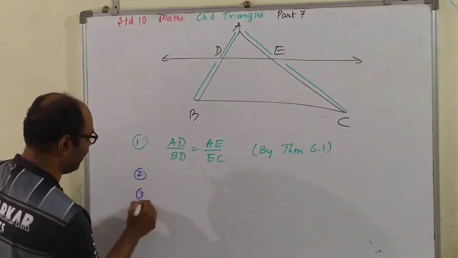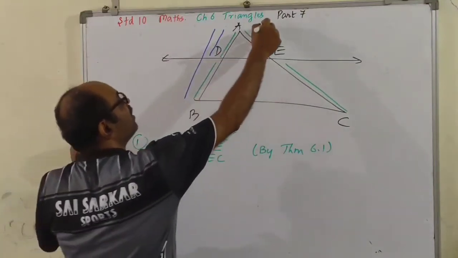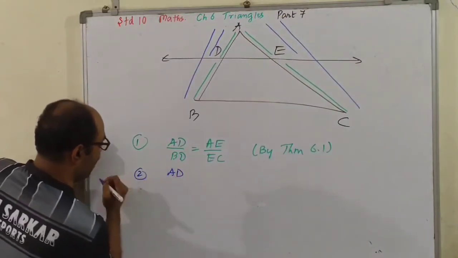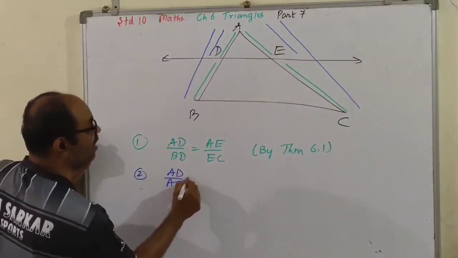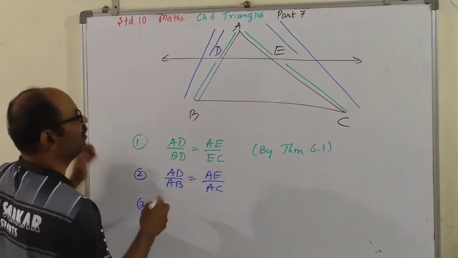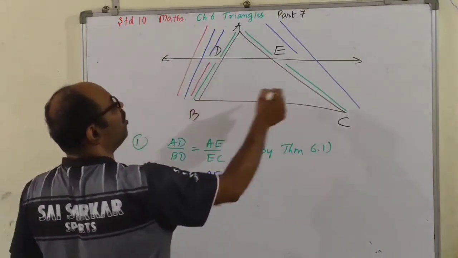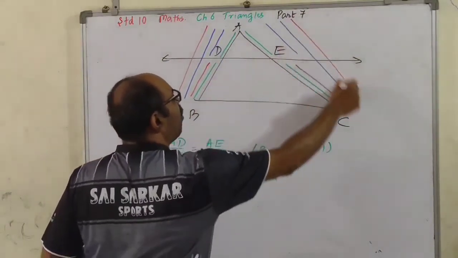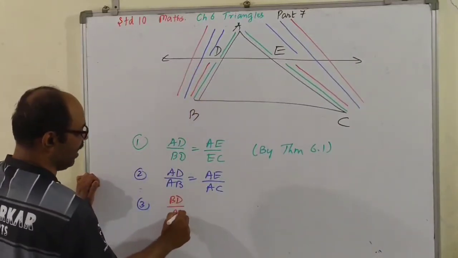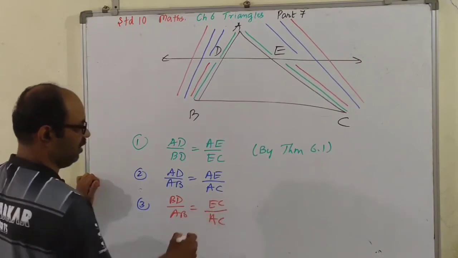Second and third results: AD upon whole is equal to AE upon whole, that is AD upon AB is equal to AE upon AC. Third, this part upon whole is equal to this part upon whole, that is BD upon AB is equal to EC upon AC.